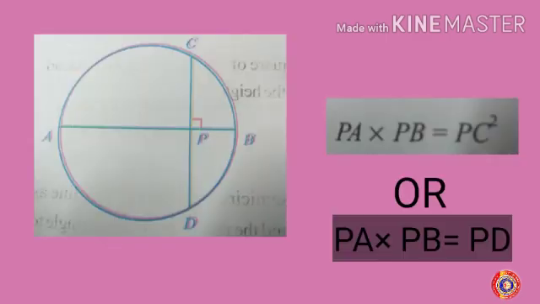Okay, here AB is the diameter and CD is a chord. Both intersect within the circle at a point P. Then the relation is PA into PB equal to PC square, or PA into PB equal to PD square, because the perpendicular from the center bisects the chord. So PC equal to PD. Okay.